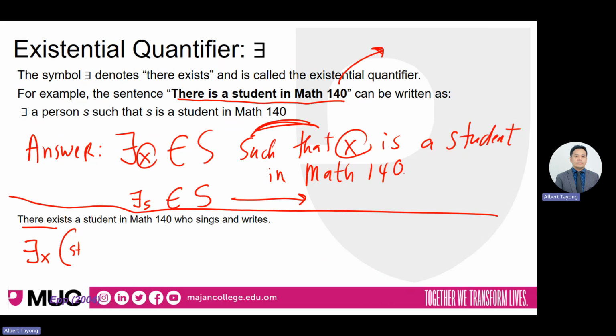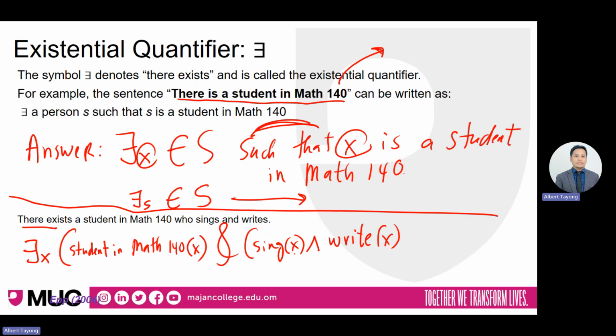Here we have student in Math 140 is our X. We define our X, all students in Math 140. So X is a student in Math 140, and that student, or these students sing, so X sings, and X writes. But we use the base form of the verbs. Instead of sings, we write sing, writes, we write write. Then we close this towards the end, and we close this here.